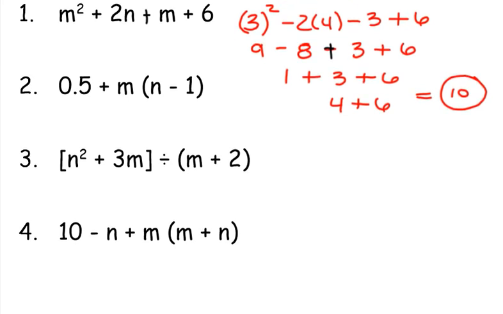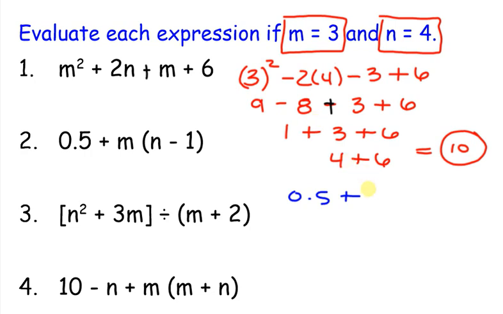Okay, I'm going to switch colors. So over here, I have 0.5 plus, now instead of m, I'm going to use 3. And then, ooh, this looks like a distributive property right here. Okay, and then instead of n, I'm going to write 4 minus 1. So I have 0.5 plus, and I'm going to distribute this. 3 times 4 is 12.